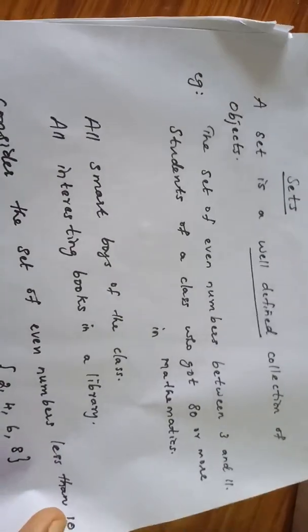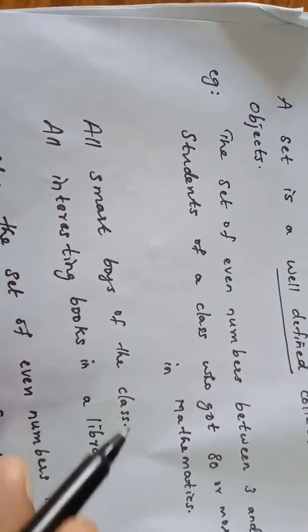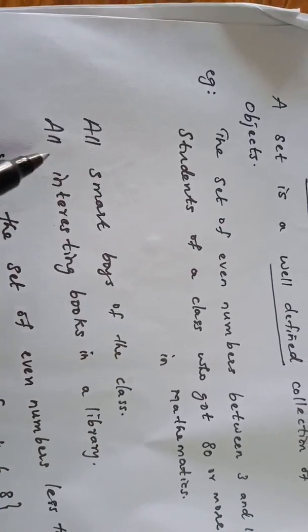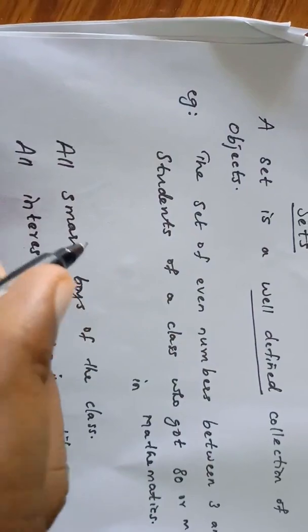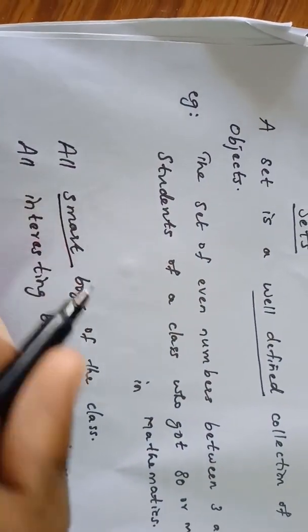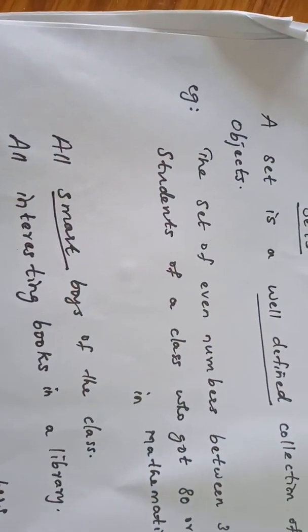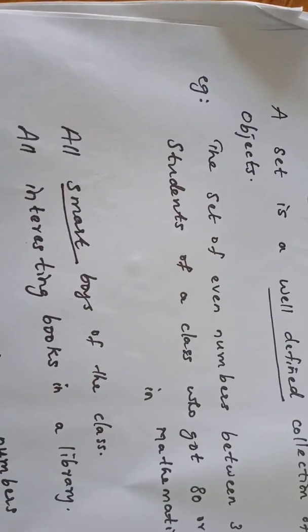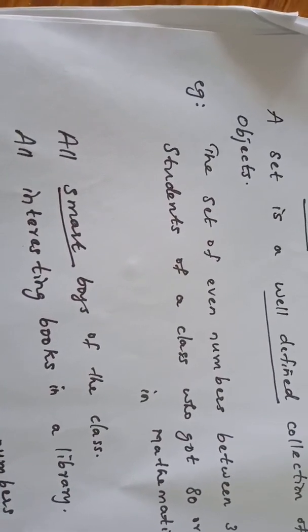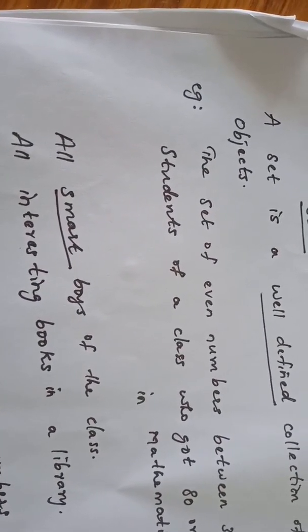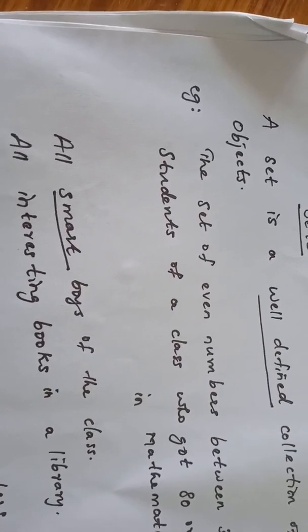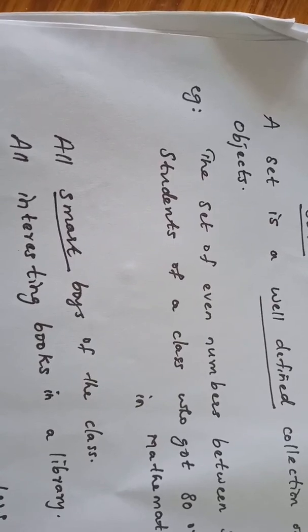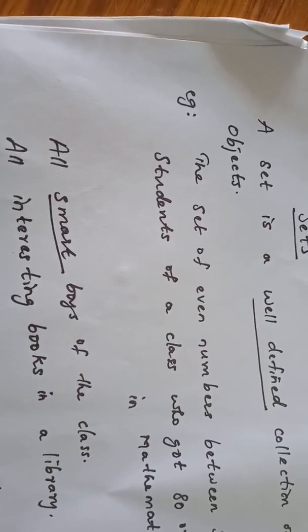Now consider another two examples. All smart boys of the class, all interesting books in a library. Here the word smart is not well defined, as there can be many definitions for the word smart, because a boy can be smart in sports, another boy can be smart in his physical appearance, another boy can be smart in any other subjects.